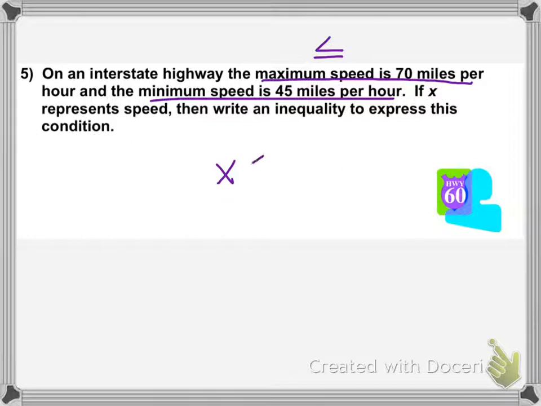So there we have a maximum, or a less than or equal, of 70 miles per hour. Minimum is greater than or equal. So we're going to have greater than or equal to that 45 miles an hour. However, to make a compound inequality, I want the x in the middle of the two inequality symbols.